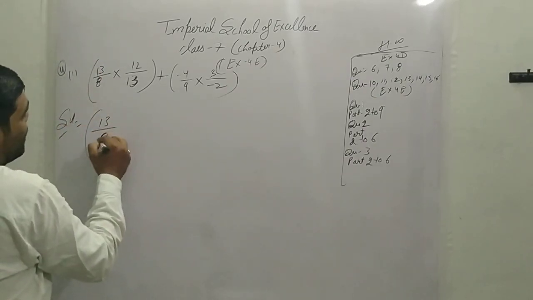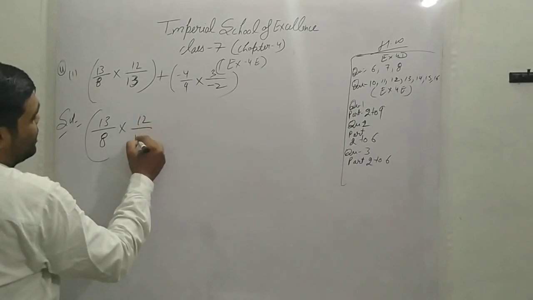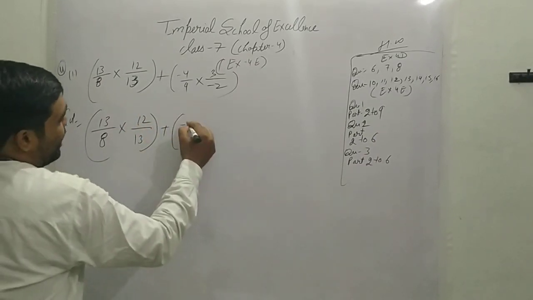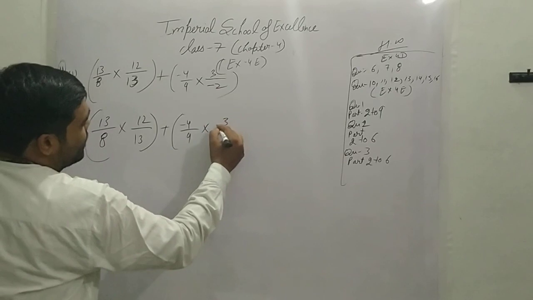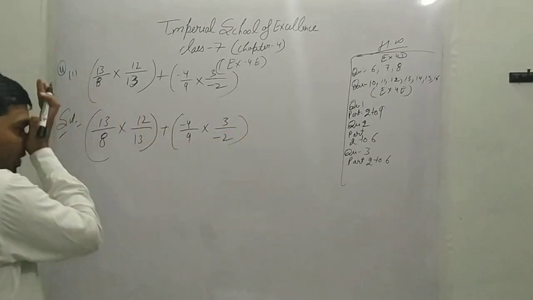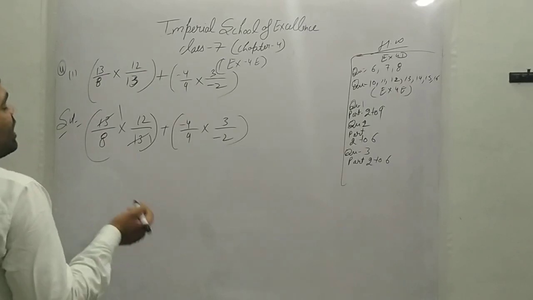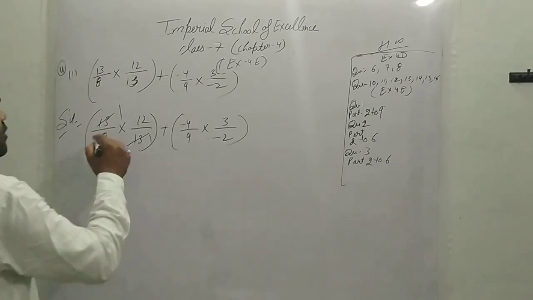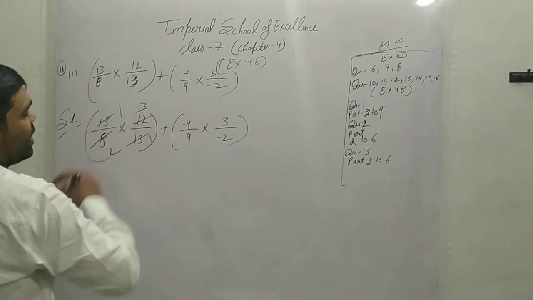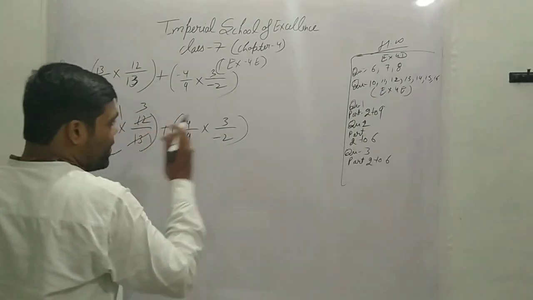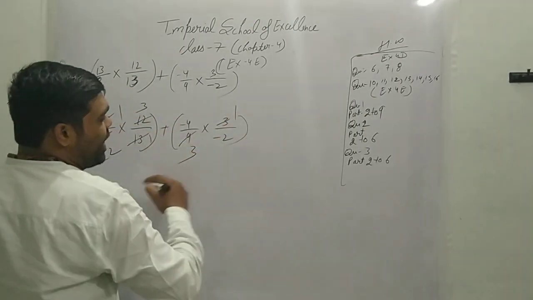In the solution write here 13 upon 8 multiply by 12 upon 13 plus minus 4 upon 9 multiply by 3 upon minus 2. Cancel out all this. 13 1s are 13, 13 1s are 13. After that 8 1s are 8, 8 2s are 16, 4 2s are 8, 4 3s are 12. Same here 3 1s are 3, 3 3s are 9.